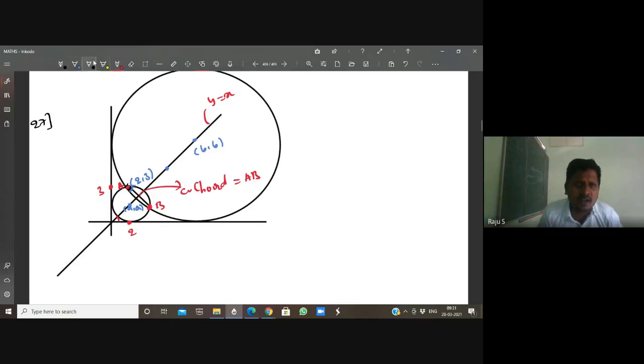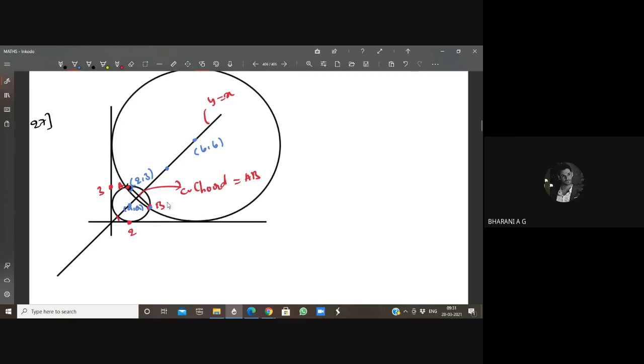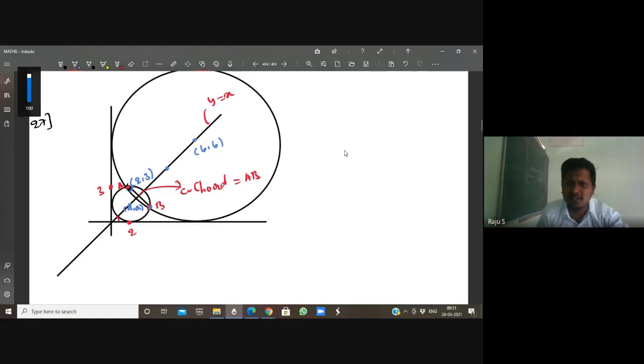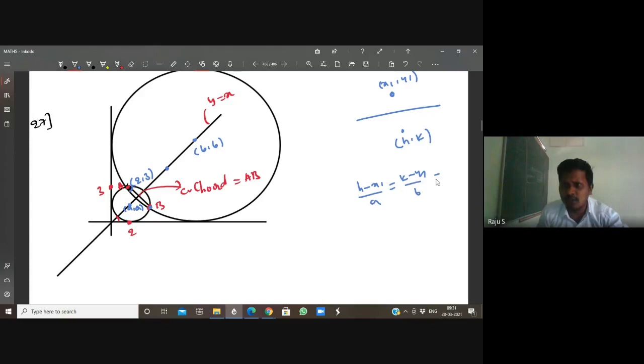Can anyone expect the point B? Using the length of intercepts, it can be found. Yes, then just the image. When there is a line and we have one point (x1, y1), how can we find the image (h, k) of that point? We already have the formula in straight lines: (h minus x1) by a is equal to (k minus y1) by b is equal to minus 2 times (a x1 plus b y1 plus c) by (a square plus b square), right?